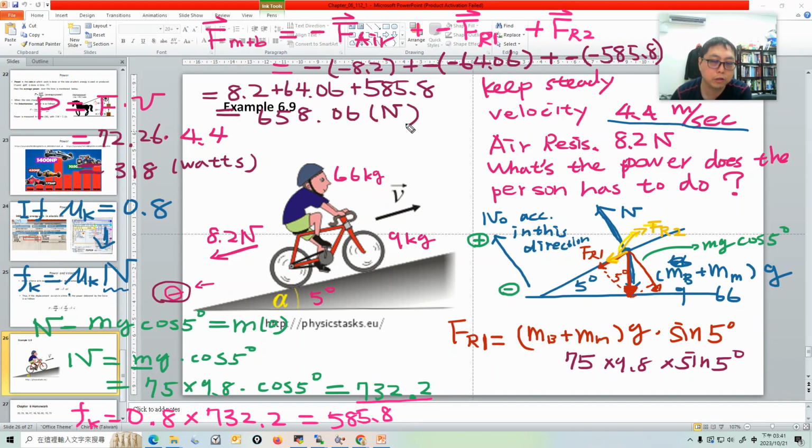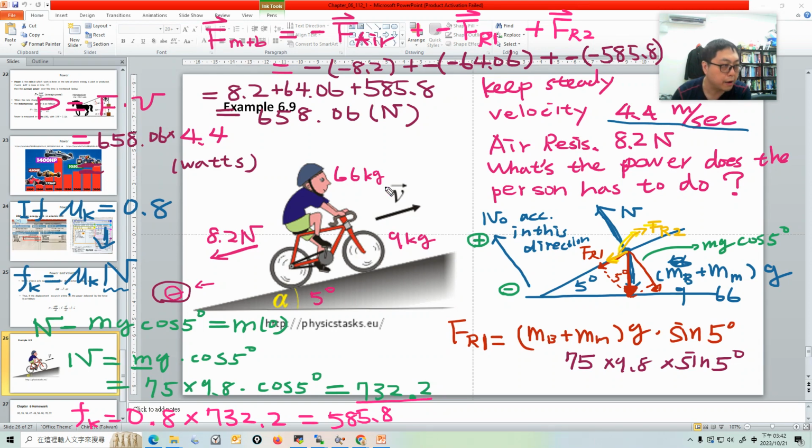And so what's the power we have to generate? It's the force times velocity. So we finally get the force, and we are almost finished: 658.06 times 6.4.